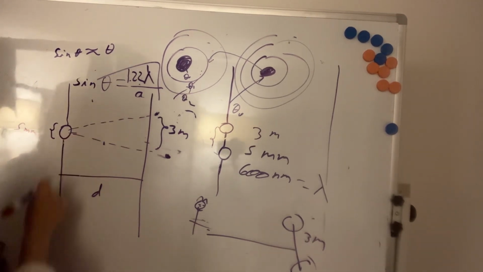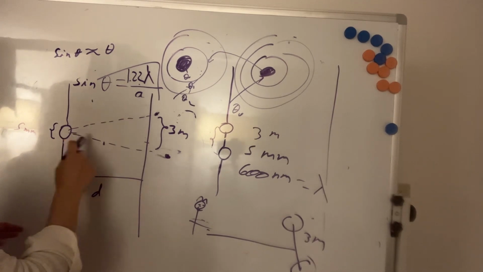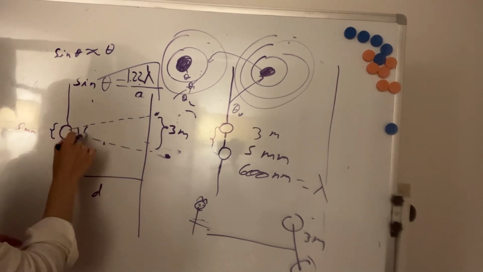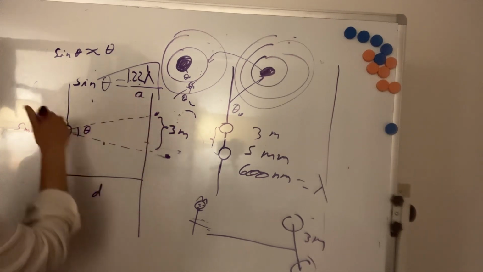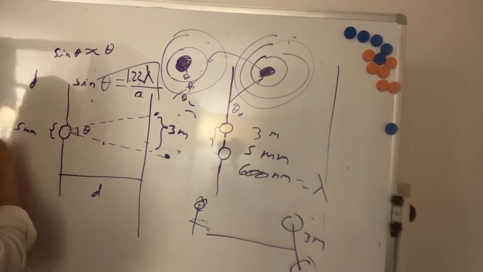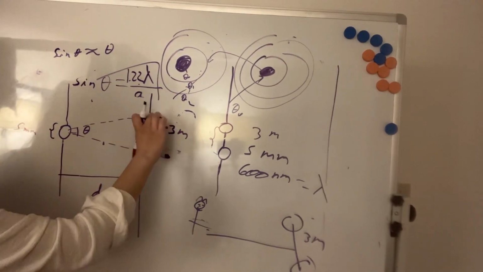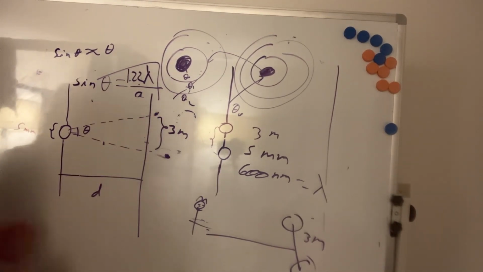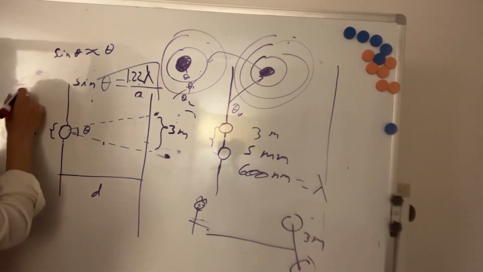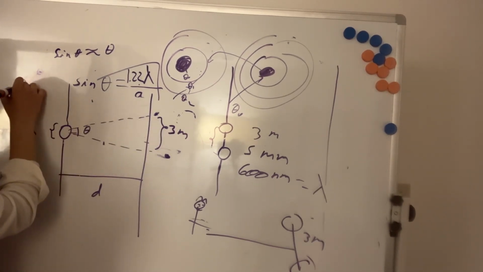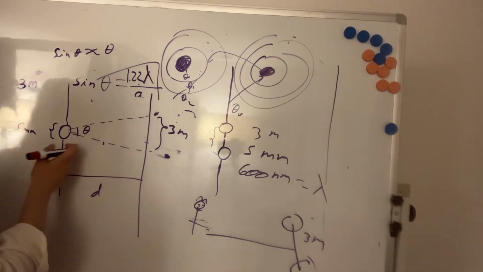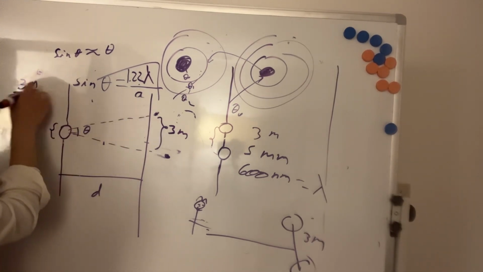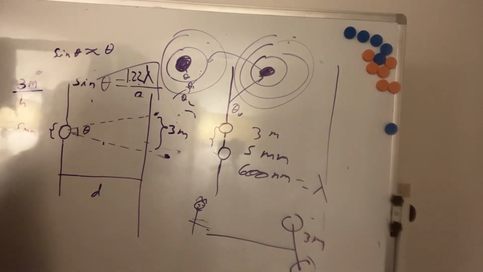So here the sine of this angle is, let me call this distance A, or well, 3 meters, over the hypotenuse.